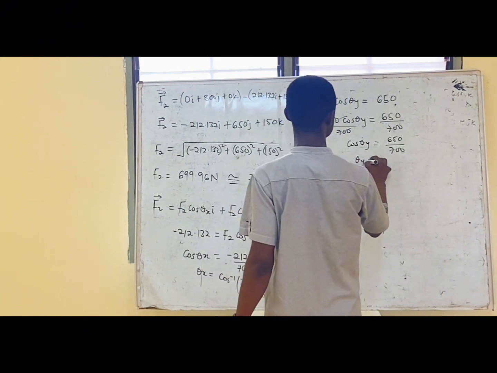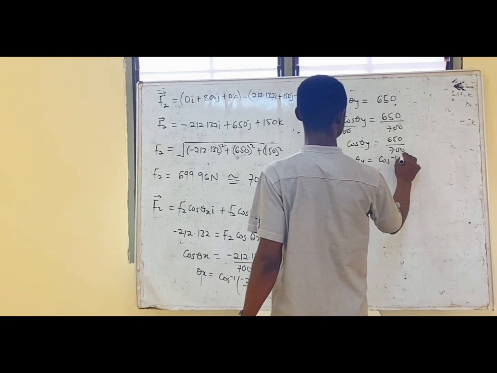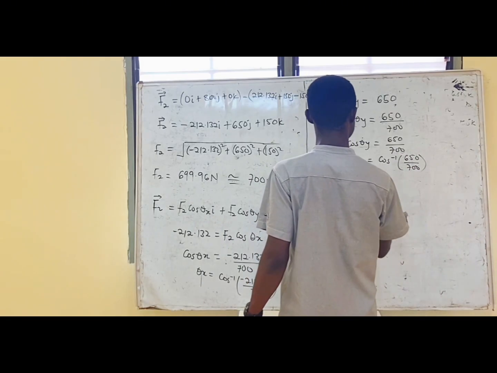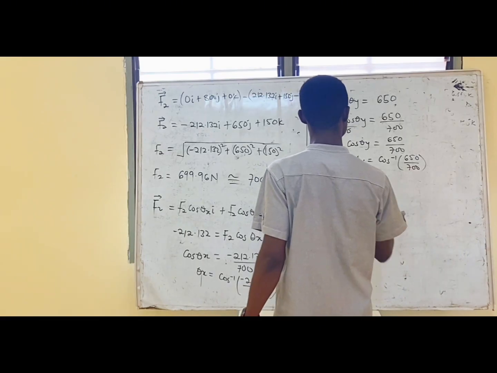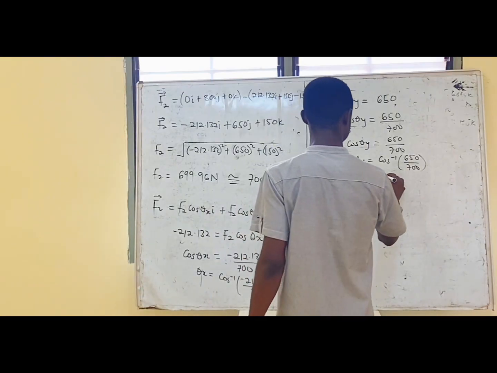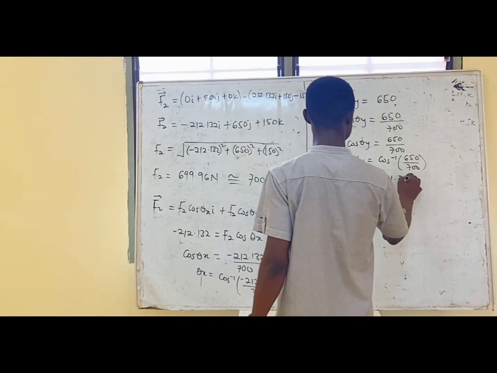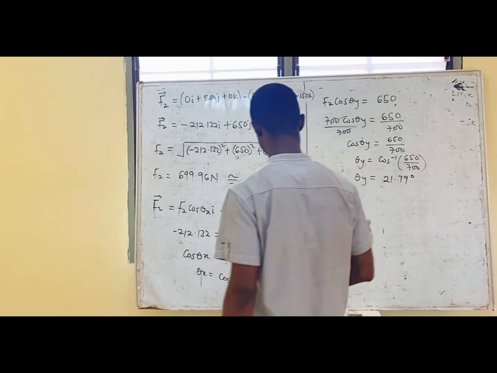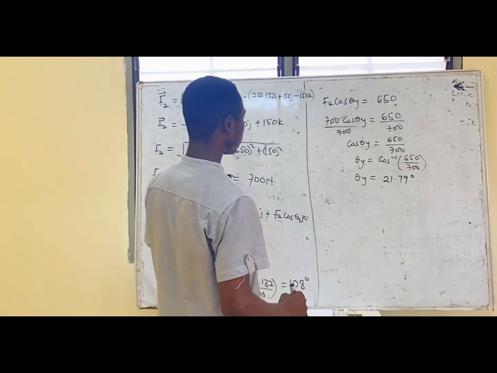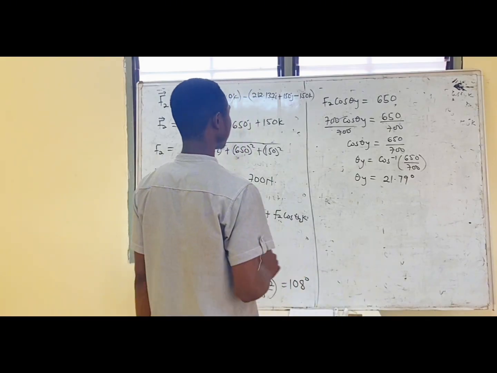So theta y will be equal to cos inverse of 650 over 700. Theta y will thereby be equal to 21.79 degrees.